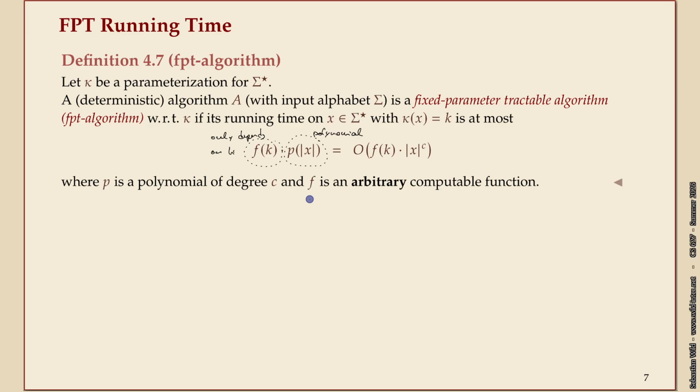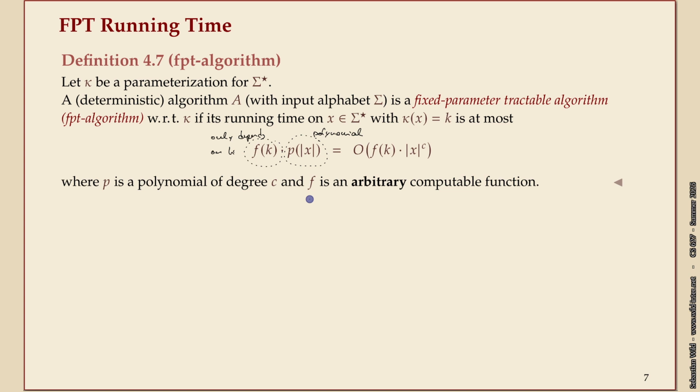And in a way, that's one thing to watch out for. If that function grows beyond any reasonable bounds, maybe the algorithm isn't as useful. But that's the definition that led to the theory. And in many practical examples that we'll see, f is reasonable.